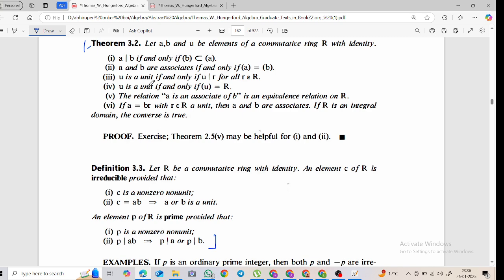A, B associates if and only if this. You understand now. If B divides A, then this is like if A divides B, then B is C times A, which belongs to this.